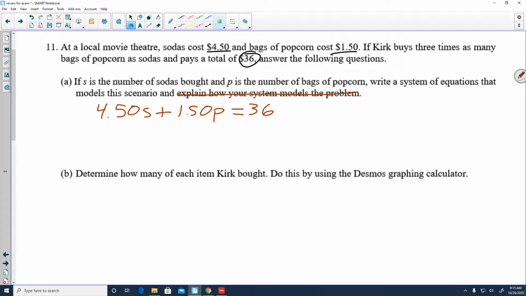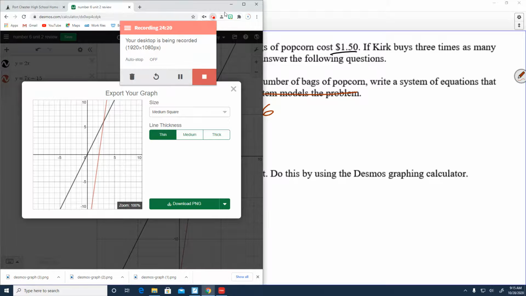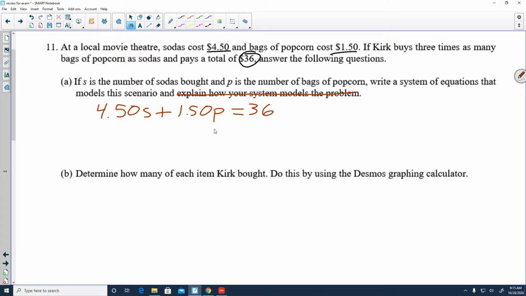All right, I just wanted to check one thing. So that means that the number of bags of popcorn P is 3 times the number of sodas that he bought. So P is going to equal 3S.